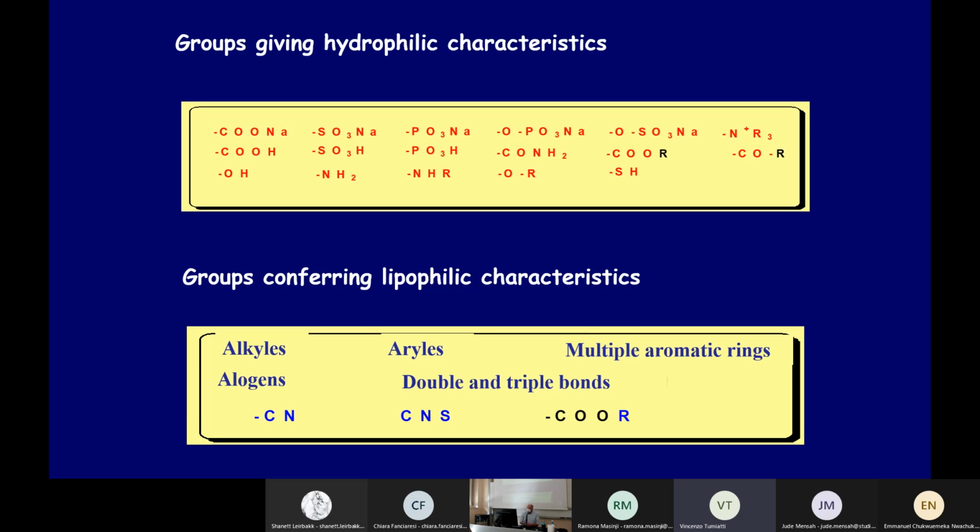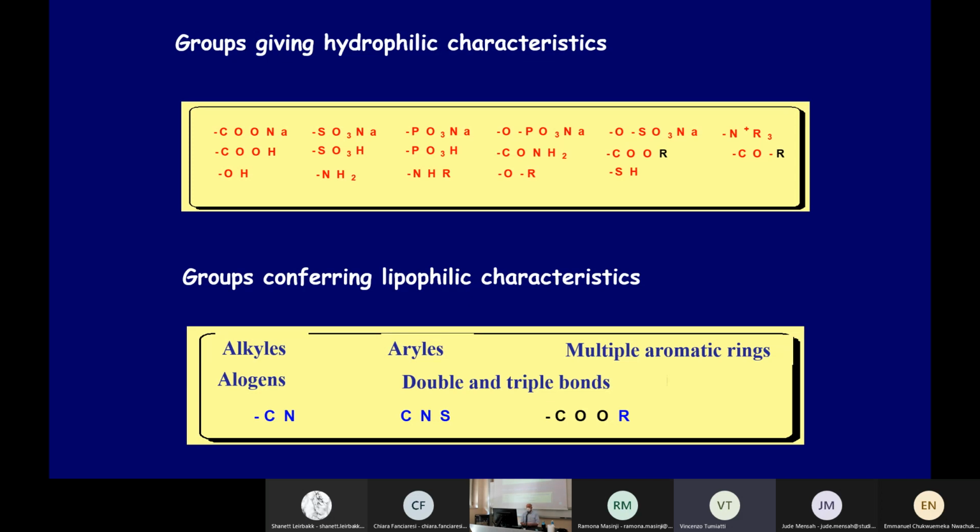And which are the groups able to confer lipophilic characteristics? Aromatic groups, carbon chains, multiple aromatic rings, naphthalene, anthracene, and so on.